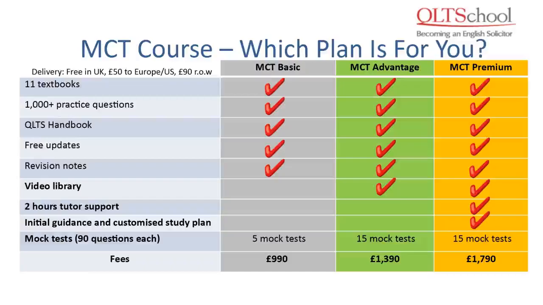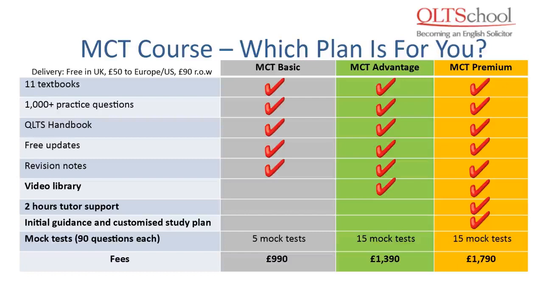How do you know which of QLTS School's MCT courses is right for you? The image on your screen shows each of the features offered with our basic, advantage and premium packages. All of them include the 11 textbooks, the practice questions, the handbook, free updates, revision notes. You'll also have access to the mock tests for each of the packages.